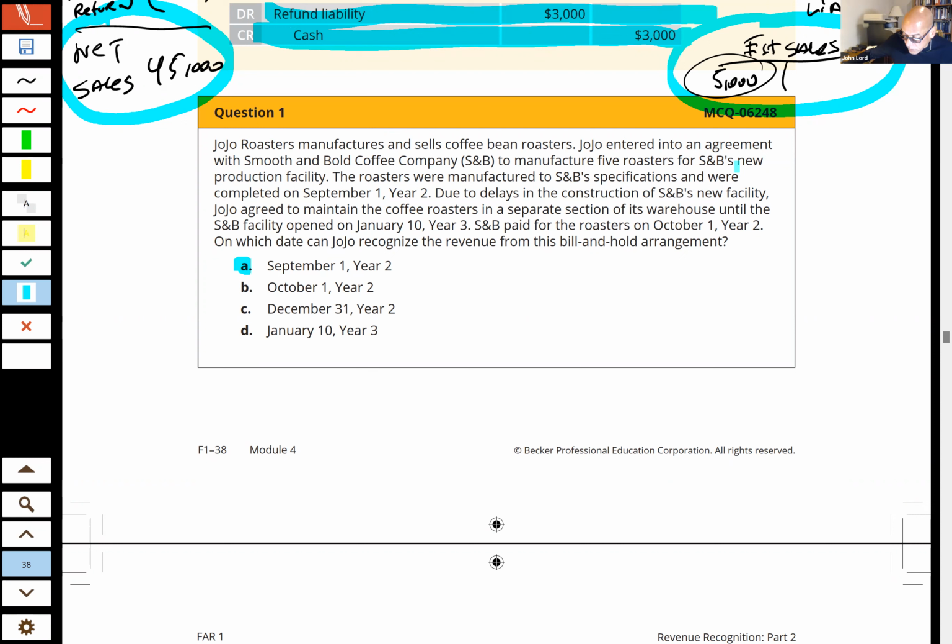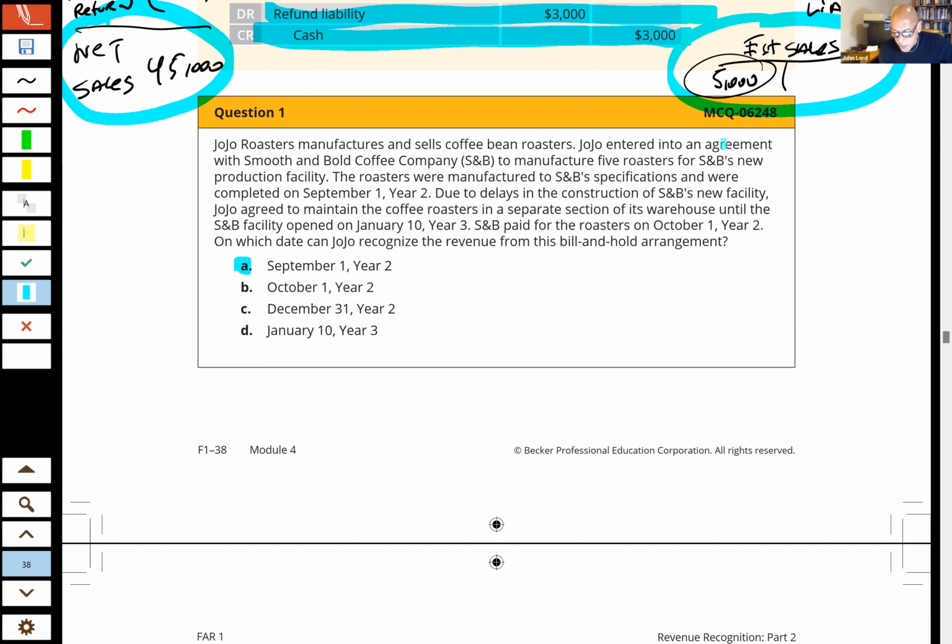Okay, and we have this company that is selling these coffee bean roasters. And they enter into an agreement to manufacture 5 roasters for the new production facility.